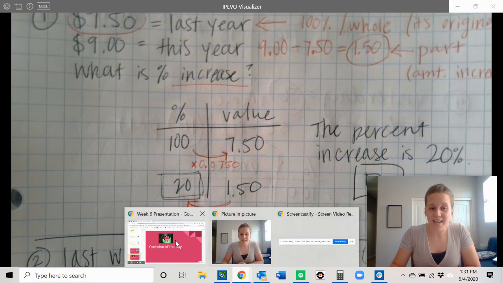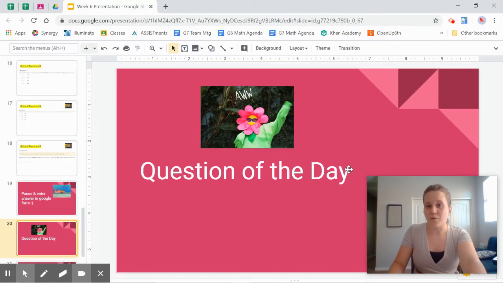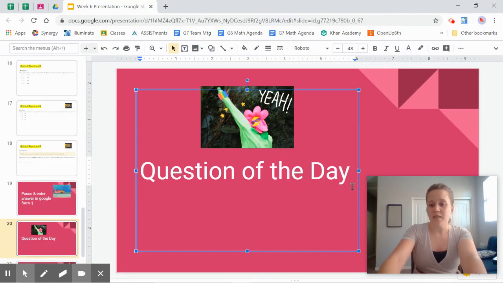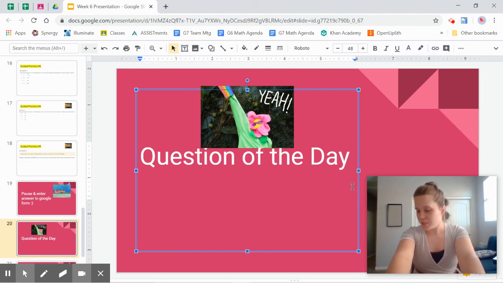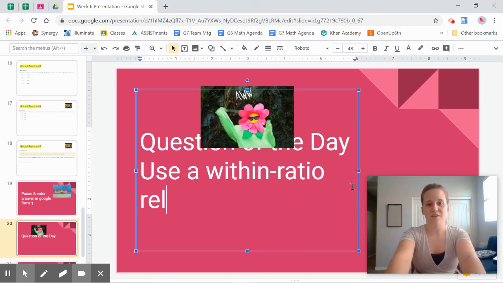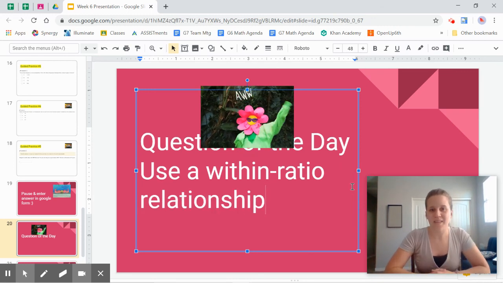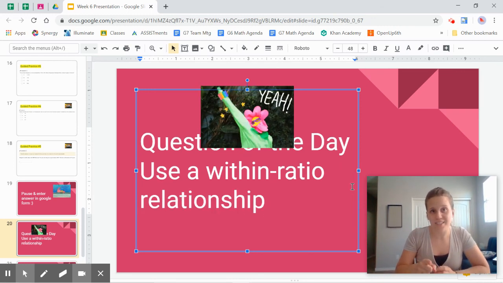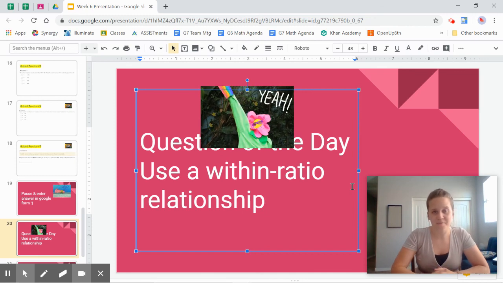I'm actually going to type my answer in so it's really clear and you can get your work graded correctly. Okay, so when it's not working out, what I want you to do is use a within ratio relationship. Go ahead and enter your answer just like this in your Google form now.